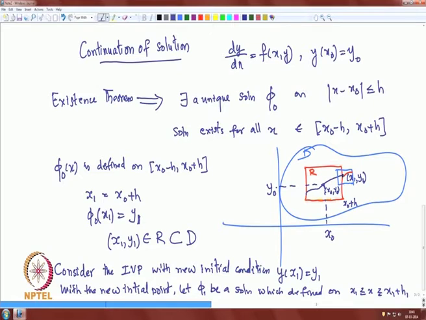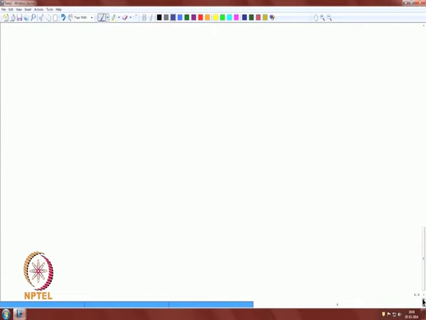So, we got two solutions phi 0 and phi 1. Therefore, we have two solutions, and if I combine these two solutions into one solution, phi x, I define phi x as phi 0 x for x varying from x0 minus h to its upper limit x0 plus h, which we denoted by x1.